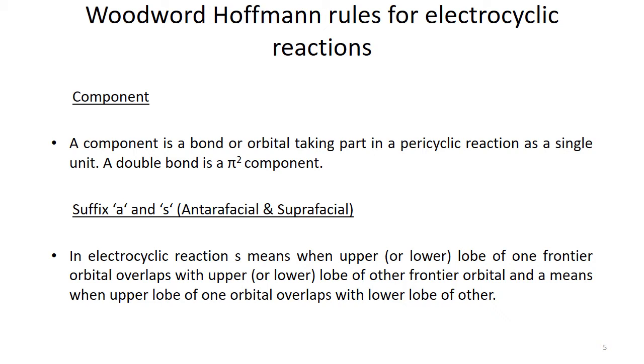The terminal carbon atoms interact with each other, so the orbitals have to interact. If the upper lobe of one orbital interacts with the upper lobe of another orbital, it means there is a suprafacial interaction. But if the upper lobe of one orbital interacts with the lower lobe of another orbital, there is an antarafacial interaction.